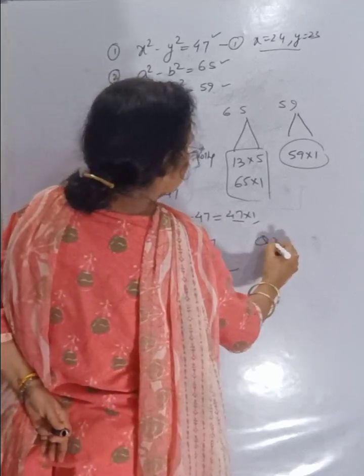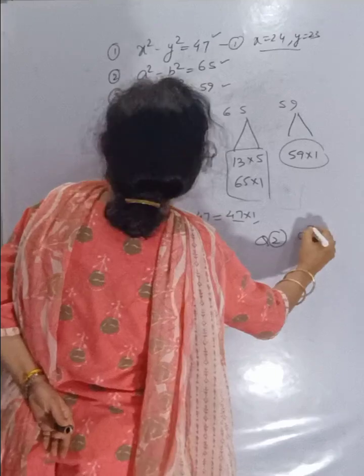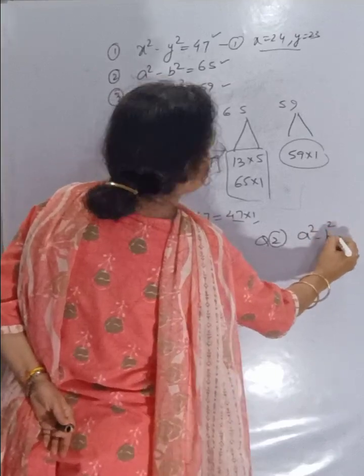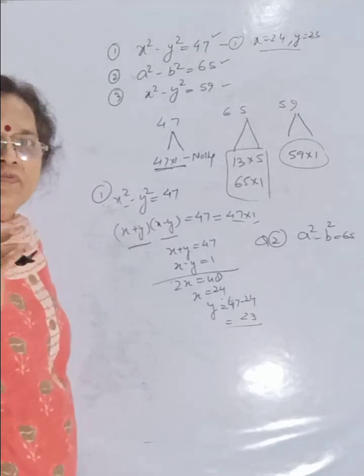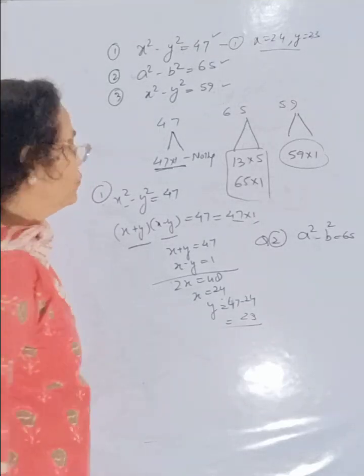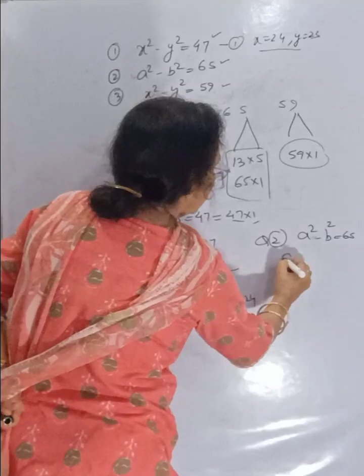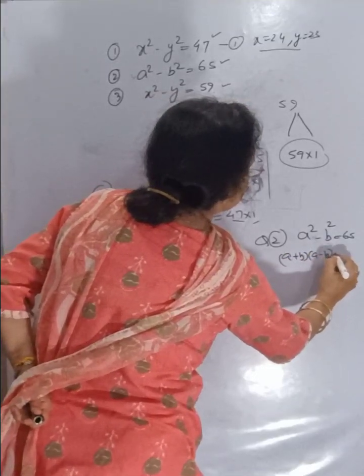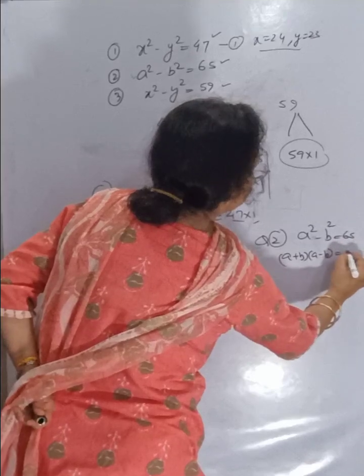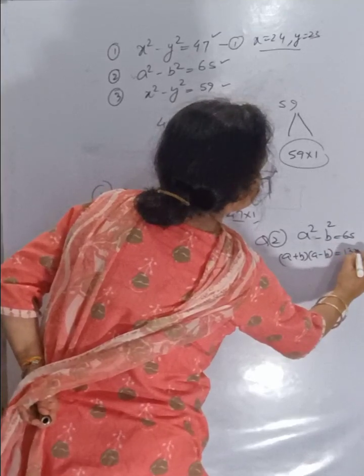Question number 2, we are given a square minus b square is equal to 65. It will have at least, I think, two or more factor pairs. That is a plus b into a minus b. That can be written as, first, we can say 13 into 5.